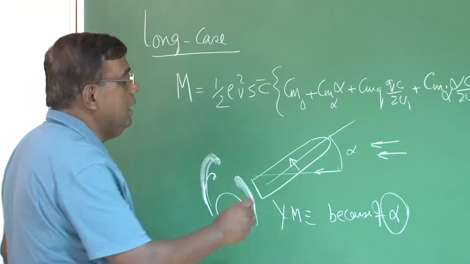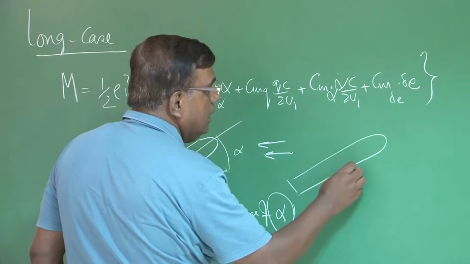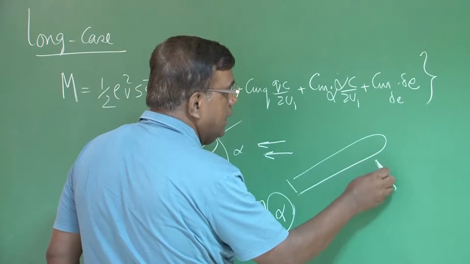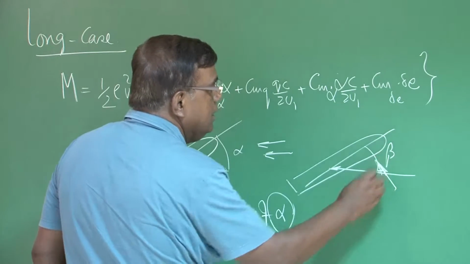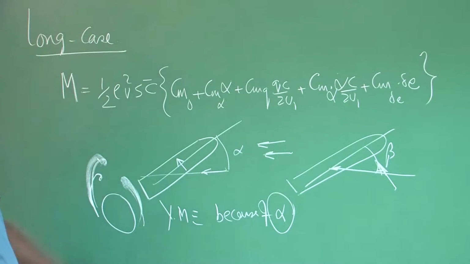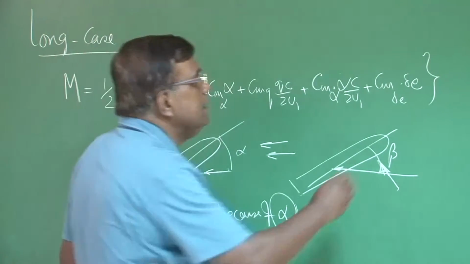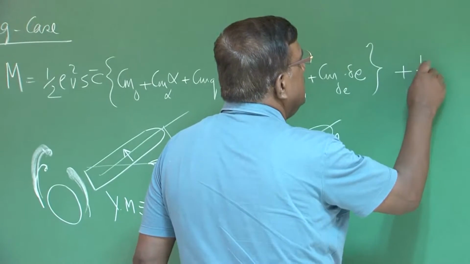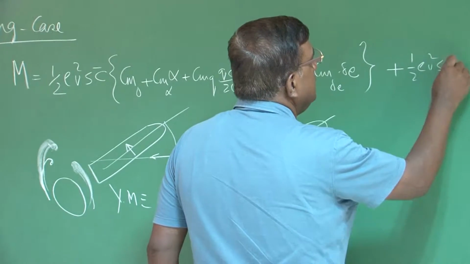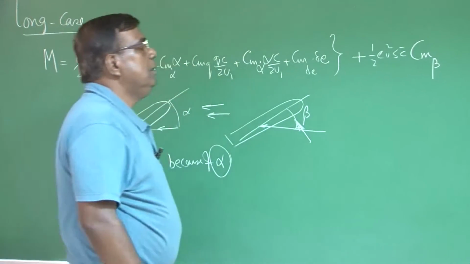Similarly, if you take beta, this is the body and wind is coming from here, side wind, and let's say this is beta. If this beta is large, then because of beta, there will be pitching moment. And in such cases, we have to add additional term, let's say half rho V square S c bar into Cm due to beta, right.